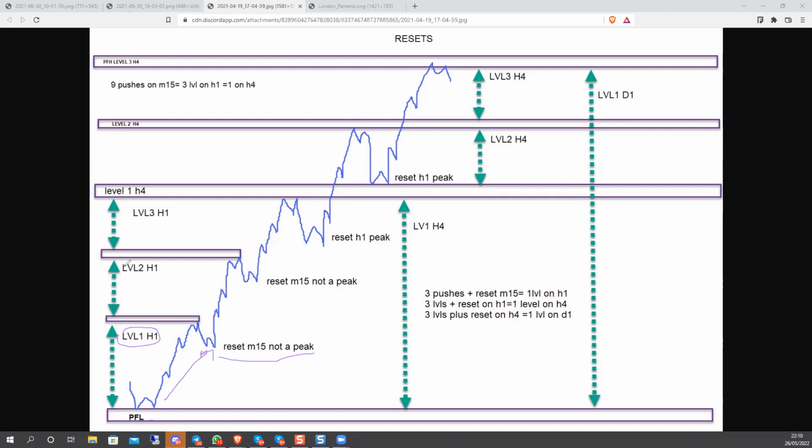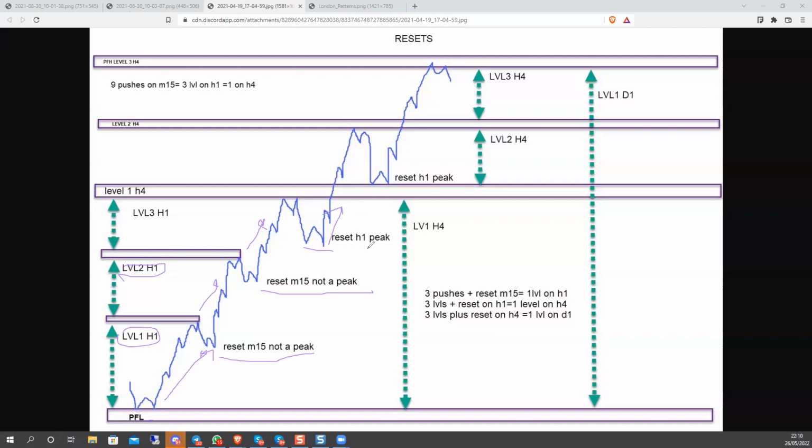And then the second level of H1 is another cycle of M15 and another reset of M15, not a peak. And then level 2 to level 3 is another cycle of M15, a reset of M15, not a peak. And then continuing up.